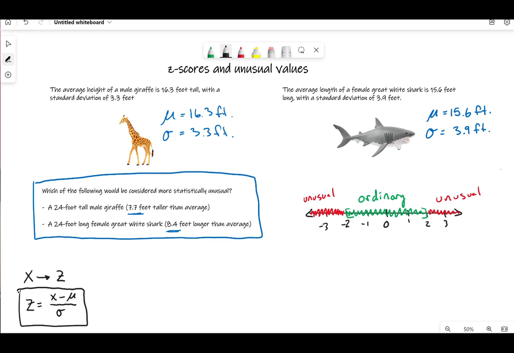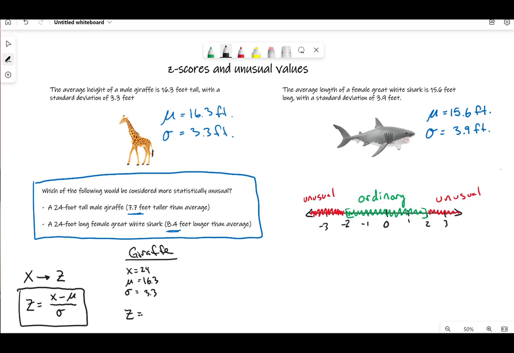So for the giraffe, the x value in question is 24 feet. X is 24. We know the mean is 16.3 and the standard deviation is 3.3, which were given.